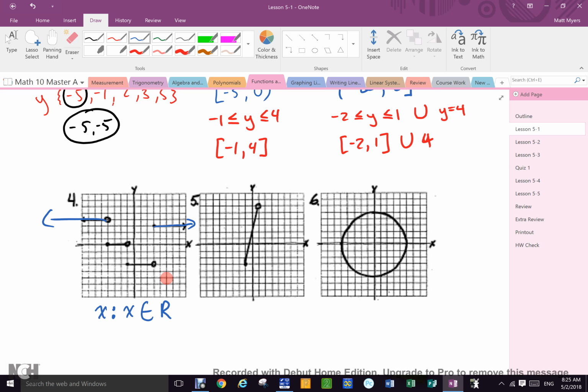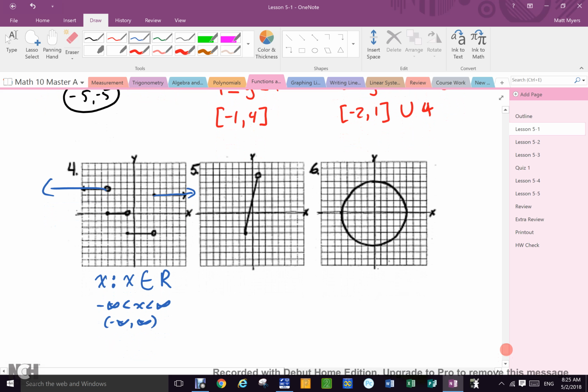So this also could be written, of course, as negative infinity less than x less than positive infinity, or negative infinity, comma, infinity with round brackets. All those are the same thing. The range is only negative 3, 0, 3, and 4. And you've got to put the squiggly brackets for the range.